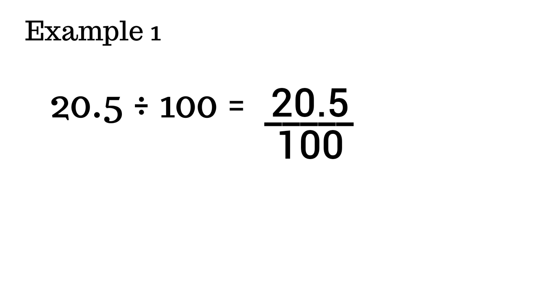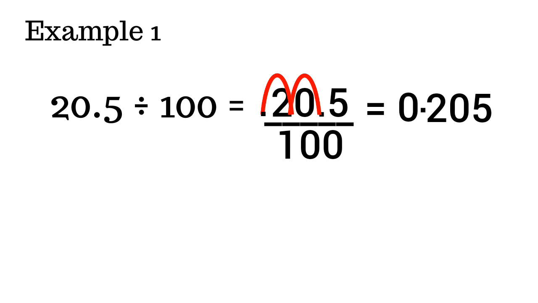We count 1, 2. So the point has moved from between 0 and 5 to the front of 2. So our answer will be 0.205. Anytime you have a point appearing first in a number, just put 0 before it.